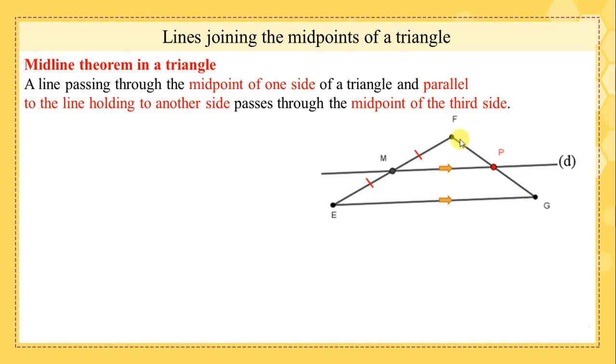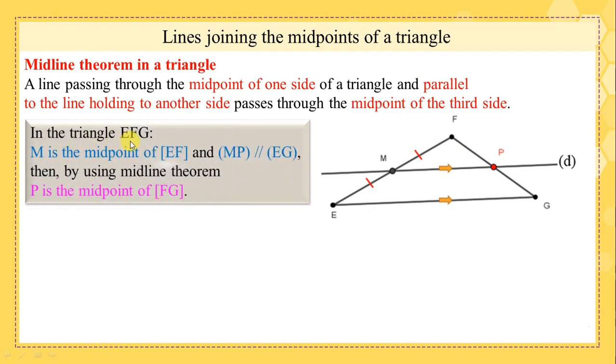This is a general theorem, midline theorem, can be applied on any triangle. If we have any triangle and we have the midpoint of the first side, a line passing through this midpoint and parallel to the second side, then it will pass through the midpoint of the third side.